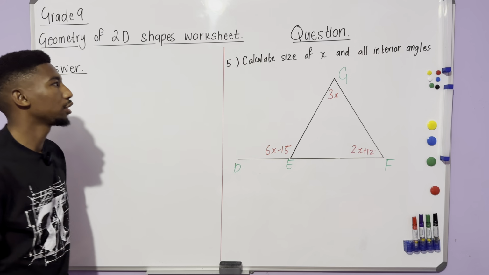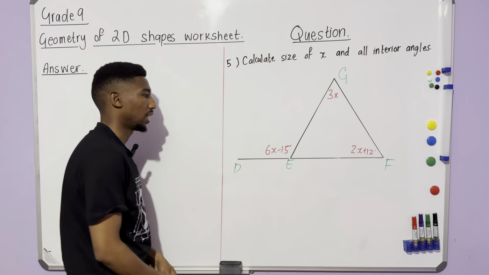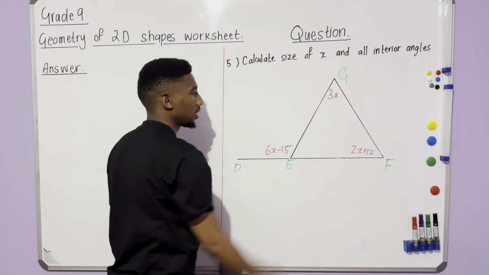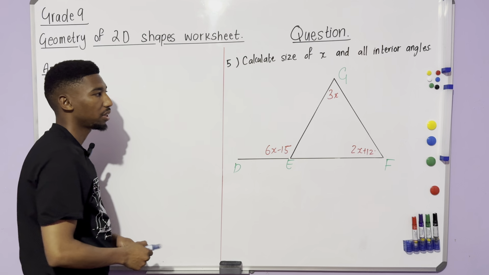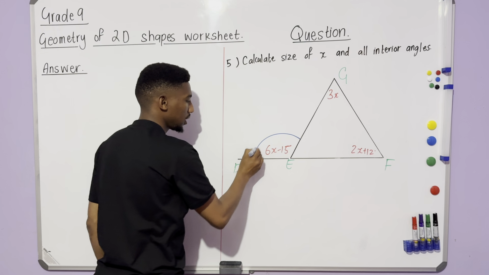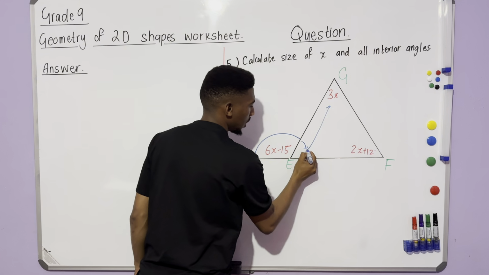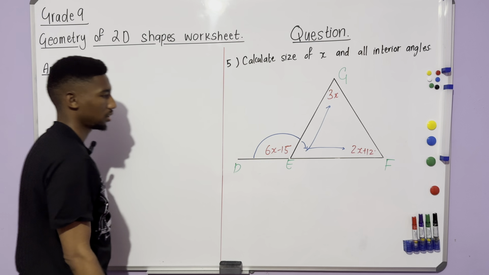Looking at question 5, we need to calculate the size of x and all the interior angles. If we look at this triangle again, if you remember my previous video for triangle properties, we know that the exterior angle of a triangle is equal to the two interior opposite angles.